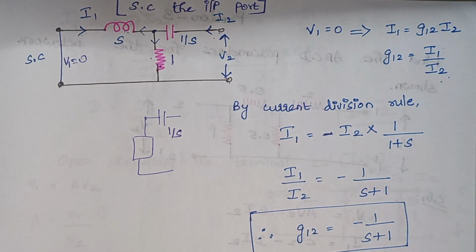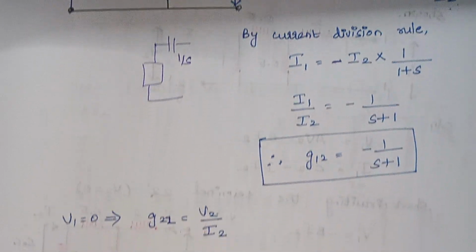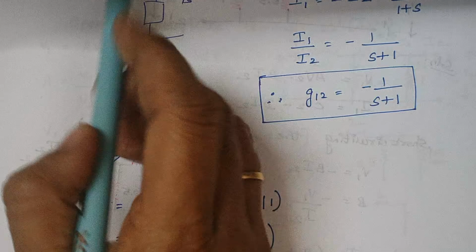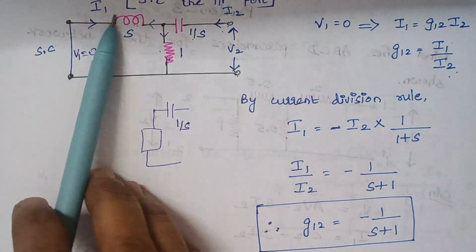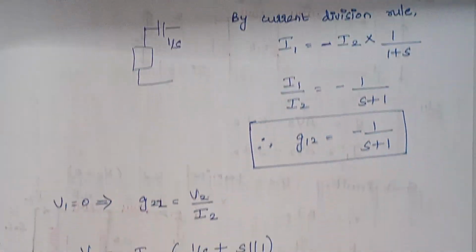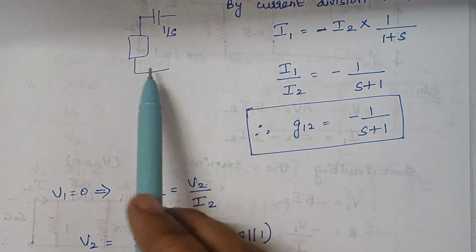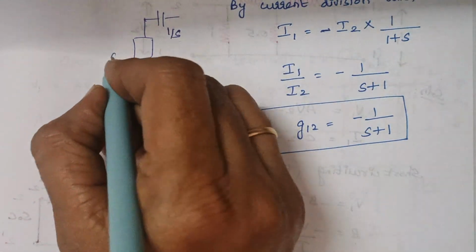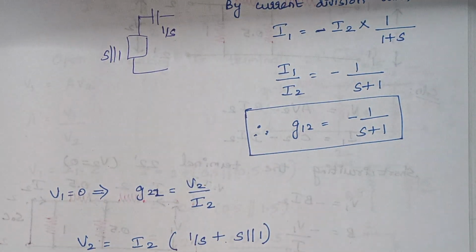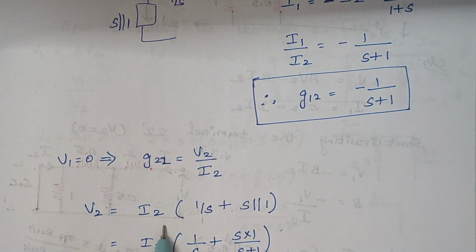So V2 is given by I2 into, initially you see this S is parallel with 1. So S is parallel with 1 and that combination is in series with this 1 by S. So V2 is equal to I2 into this value of impedance.